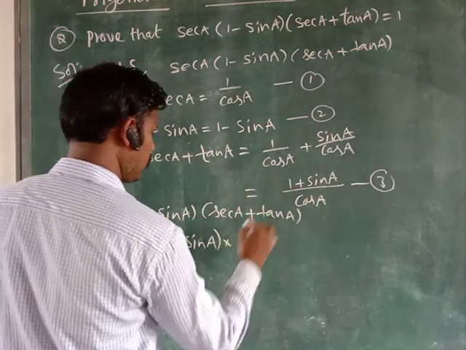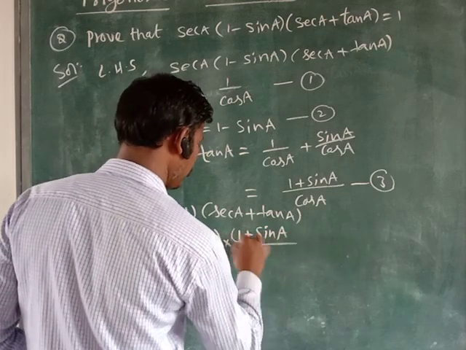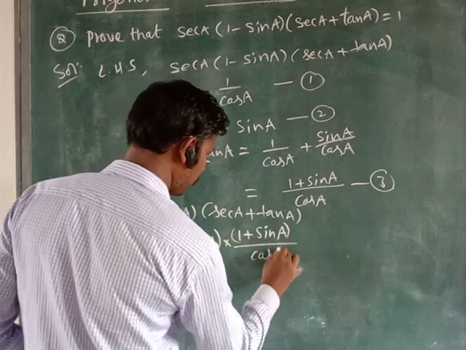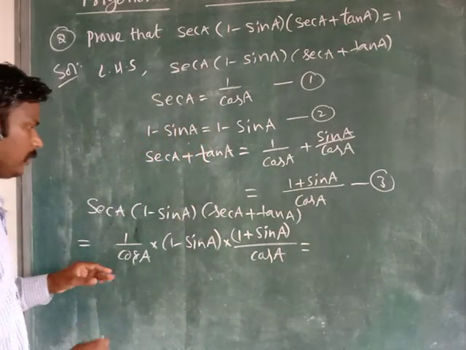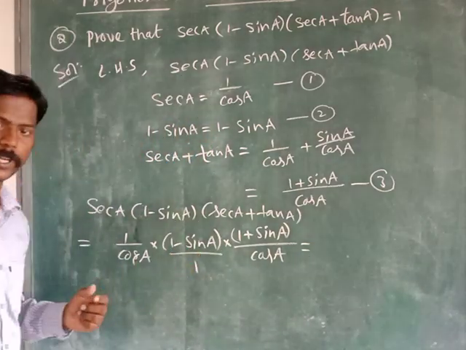See this one, 1 plus sin A by cos A, given the bracket, is equal to 1 minus sin A, nothing but by 1, you write without confusion.